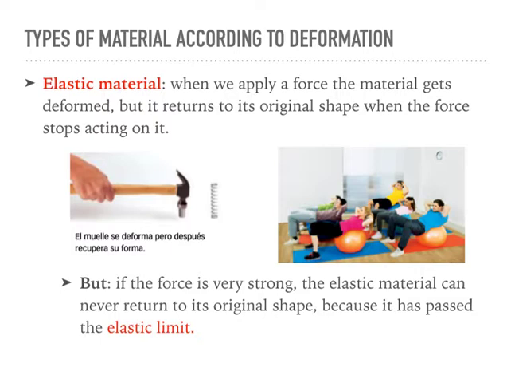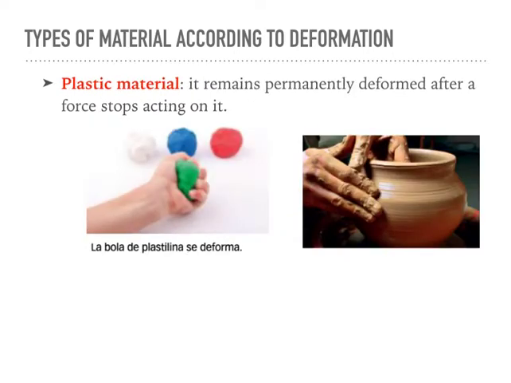And the third type of material is plastic material. In this case, when we apply a force, it stays permanently deformed, and even if you stop the force, it's going to stay the same.